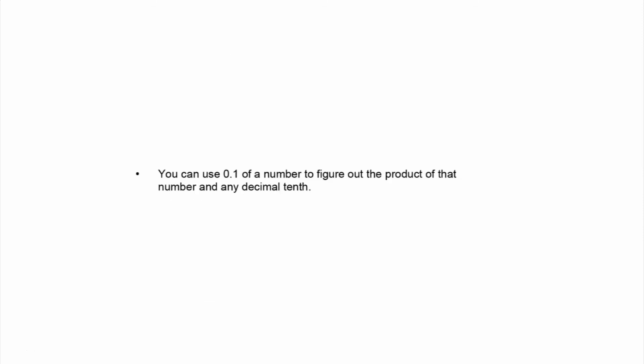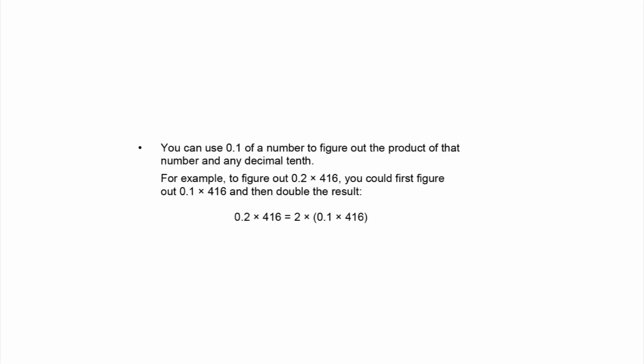You can use 0.1 of a number to figure out the product of that number and any decimal tenth. For example, to figure out 0.2 times 416, you could first figure out 0.1 times 416 and then double the result. That's what you're seeing here.